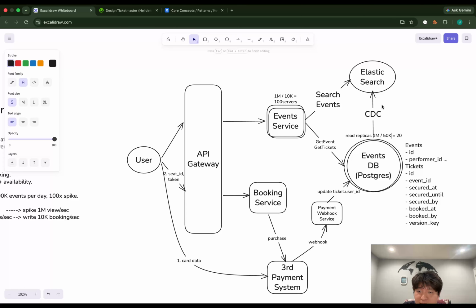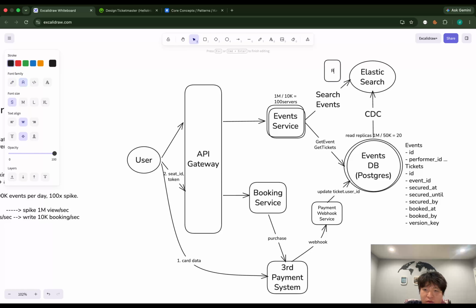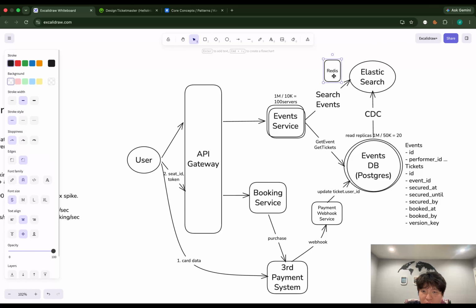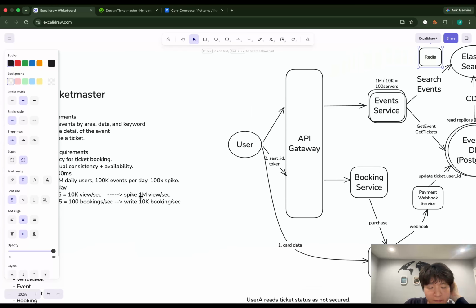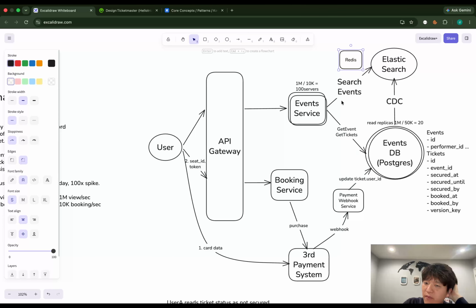And for Elasticsearch, I don't have a specific number in my mind, but something I can say is we can use Redis to cache the result. One thing I can say is, even though I said there is a spike and there should be 1 million views per sec, I'm pretty sure it doesn't all come to the search.